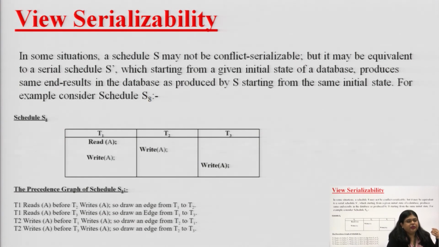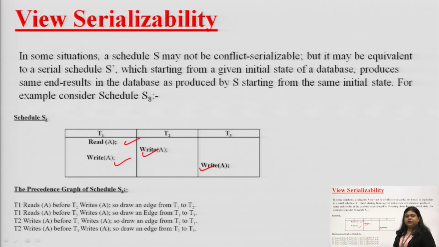For example, S8 is the schedule, and this particular schedule is not conflict serializable, because you can see all combinations of reads and writes on the same data item A. So this example is not conflict serializable, but the end result is the same as the last example that we saw.